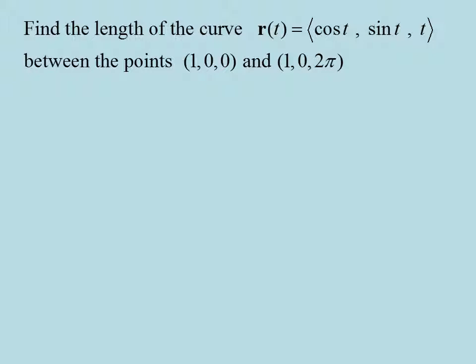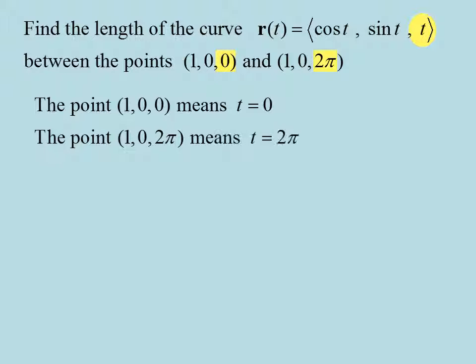Now here's a typical problem where we're asked to find the length of the curve between 2 points on the curve. Well, first recognize that since the third component is t, the third component of the first point indicates to us that t equals 0 is our beginning, and the third component of the second point implies that t equals 2 pi is our ending.